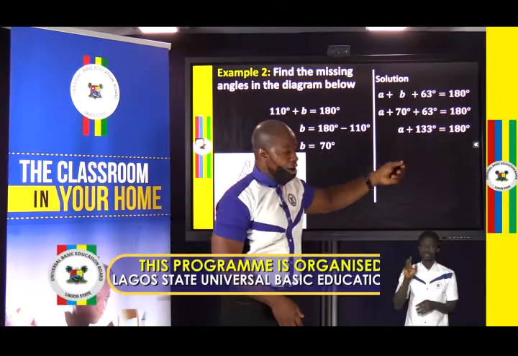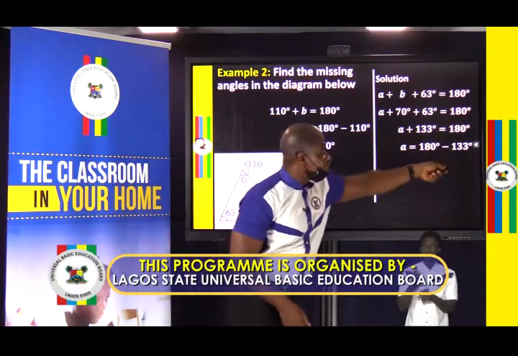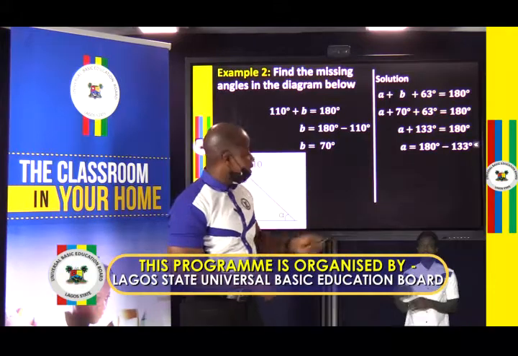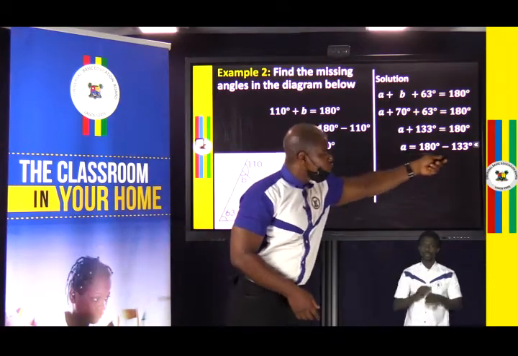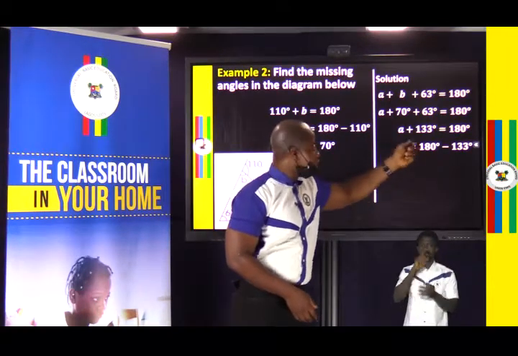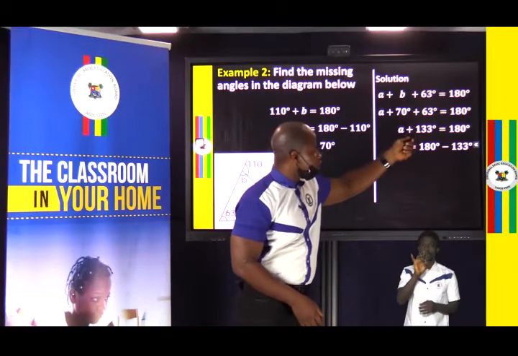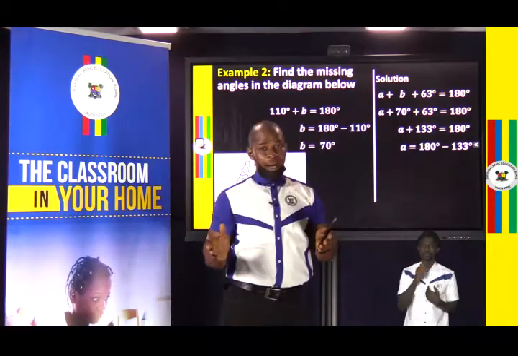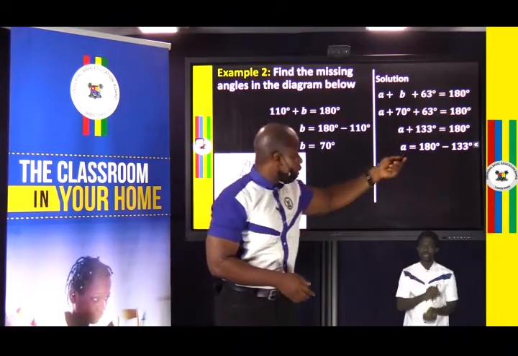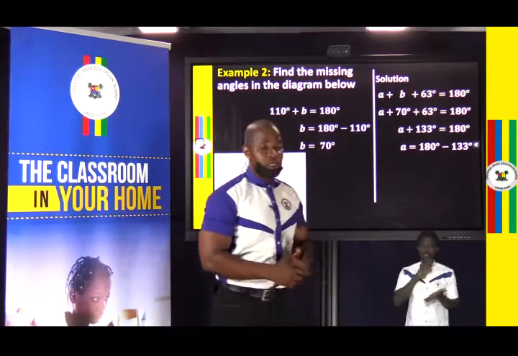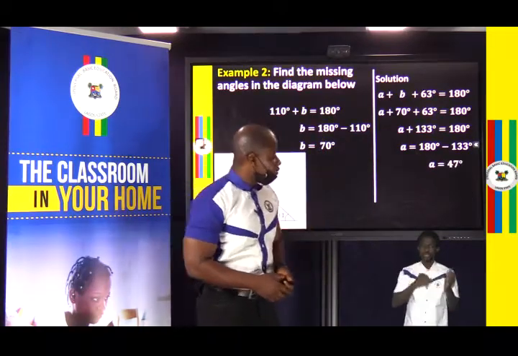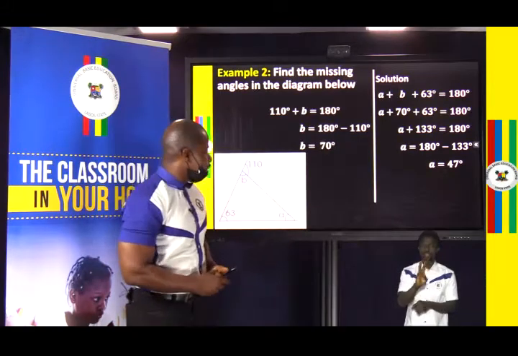And A is still here. So we take all the numbers to the other side and leave the A on this side. And when we subtract 133 from 180, because we have plus 133 here, when it comes here, it becomes minus 133. So when we subtract that, we get 47. And so that means that A is 47 degrees.